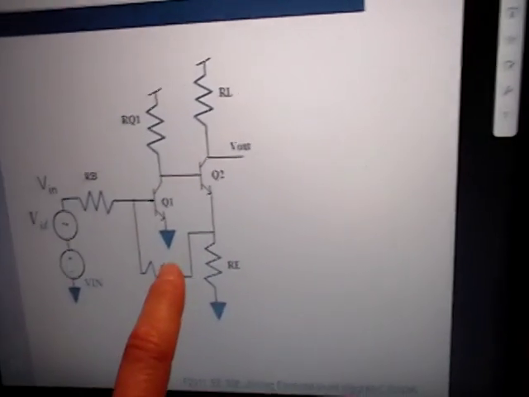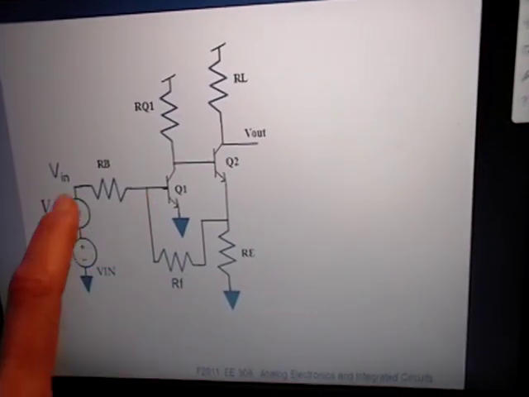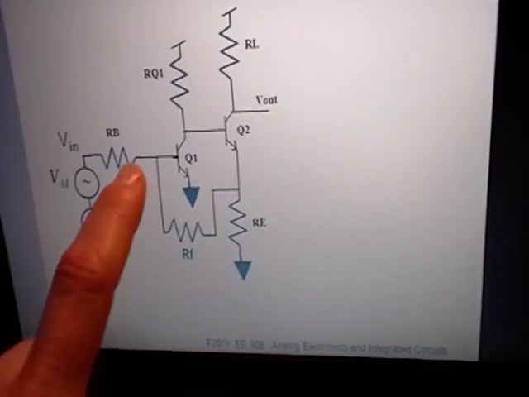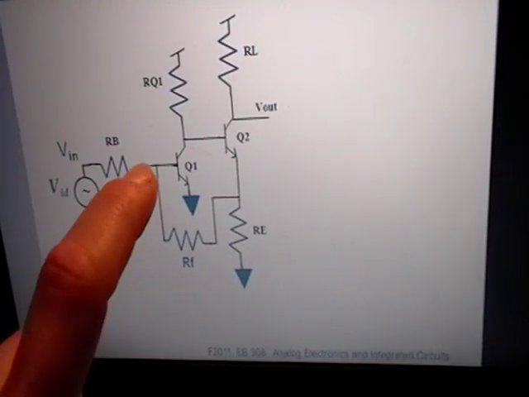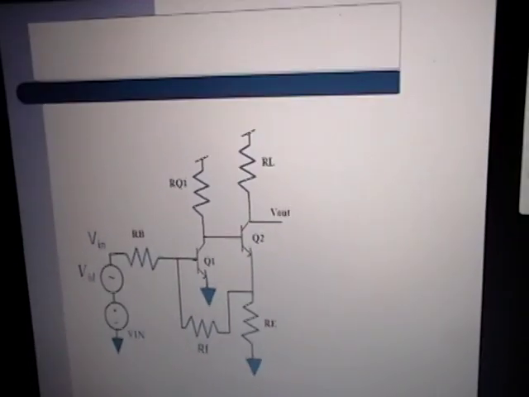And on the input, if you're looking at this and this as your amplifier, the feedback goes to the same node as your input comes into, so that's a shunt. So this is a shunt over here and a series over here.